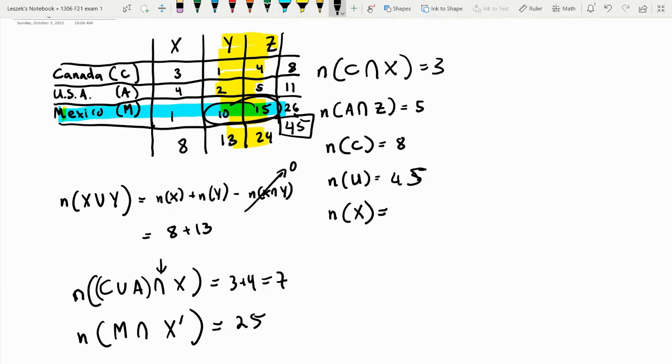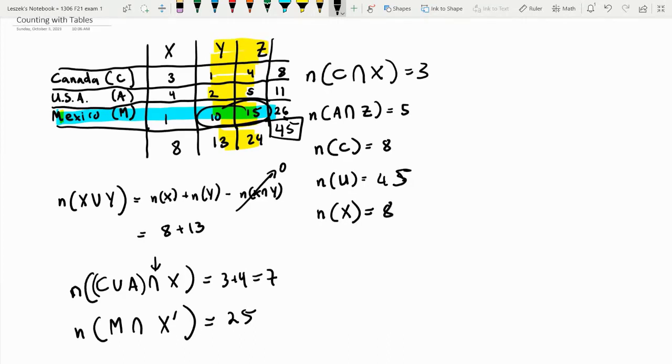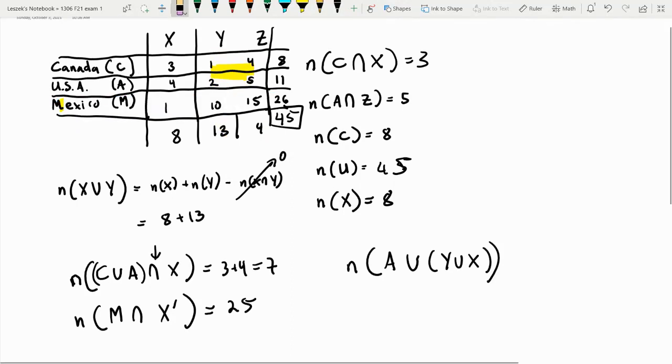That's correct. Oh, how complicated can this get? I don't know. Oh yeah, union. So what if you have the number of people surveyed that are either American or they like Y or X?